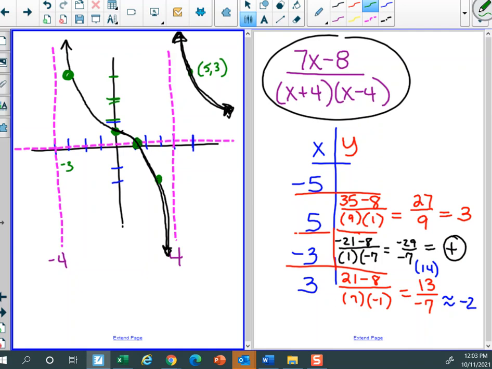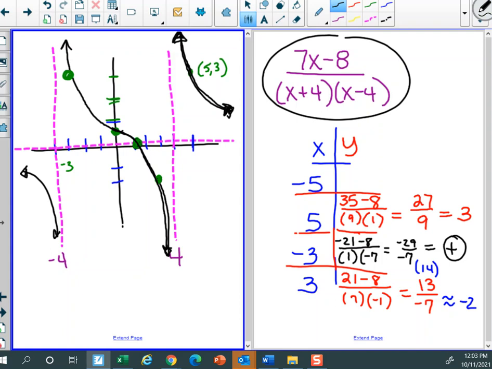I don't know exactly where. Well, I do know it's 29 over 7, so almost around 4, because 28 over 7 would be 4, but it's definitely positive. And so I'm going to probably do this over here. But let's check.